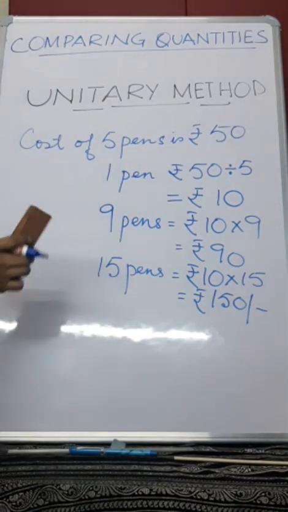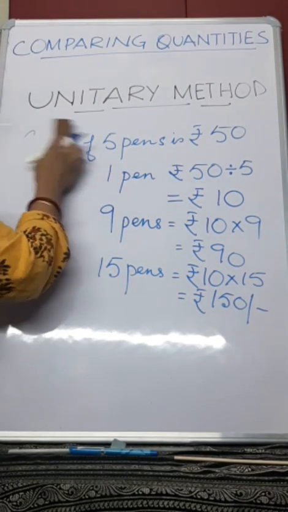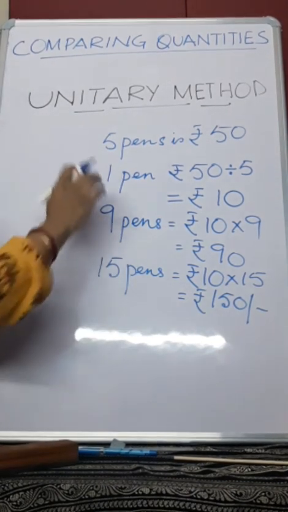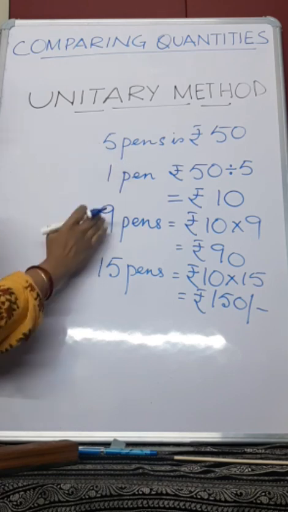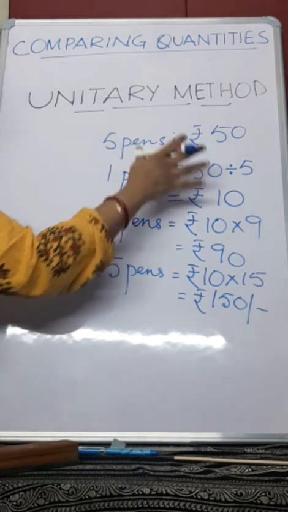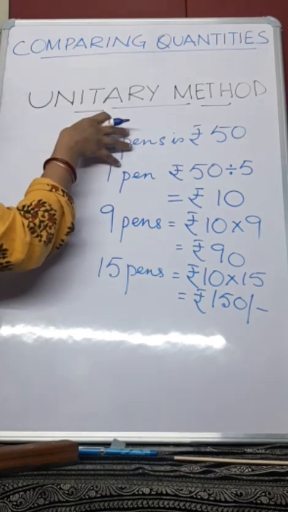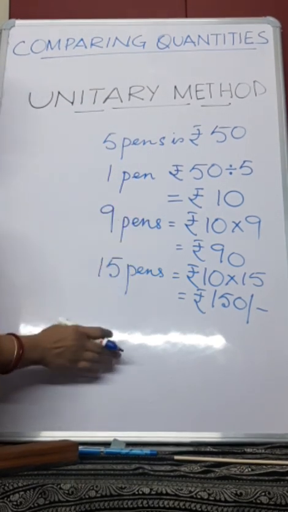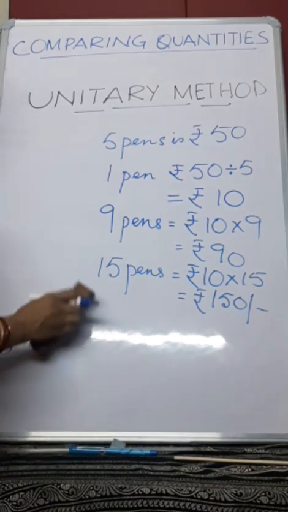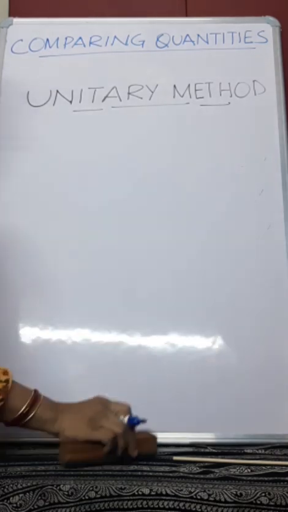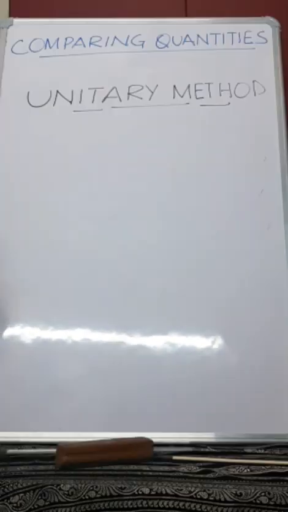Now, see, what have we understood from here? More pens cost more compared to 1. So whenever we have the cost of some number, we find out for 1 and then we find out for whatever numbers have been asked to us. So for 1 it is less, we divide, and for more it is more, we multiply.